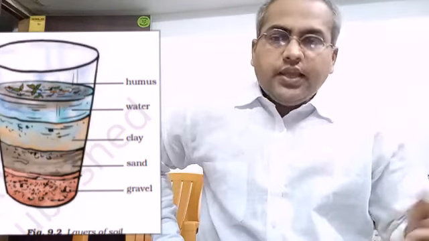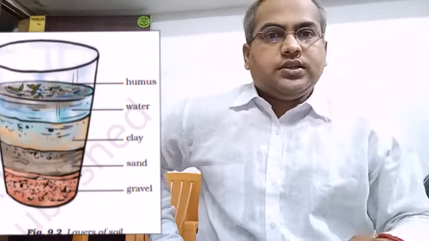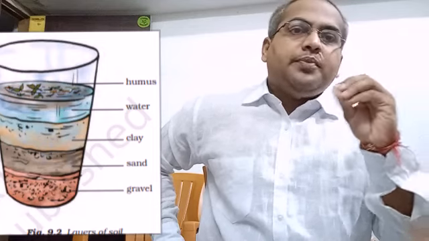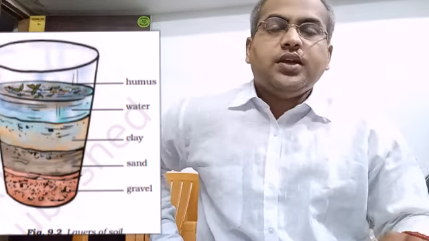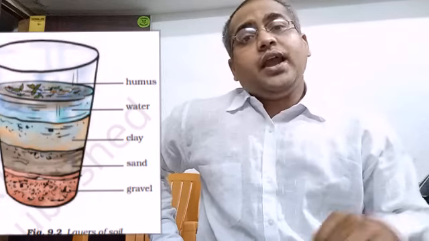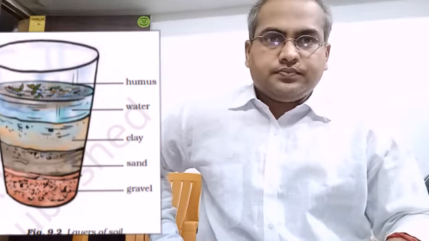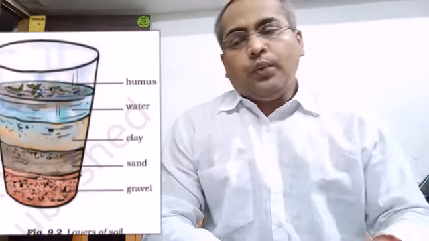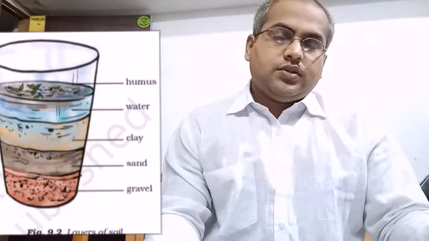You can say the rotting dead matter is called the humus. Actually it is the parts of the dead plants and animals which is present in the upper surface of the soil and which is dark in color, and it is very helpful for the growth of plants in the soil. This way we observe the different layers of the soil.